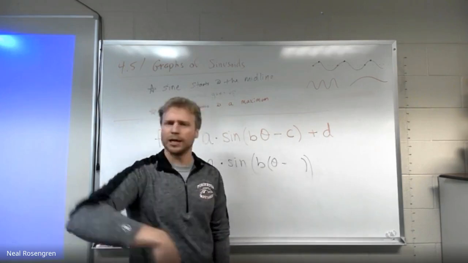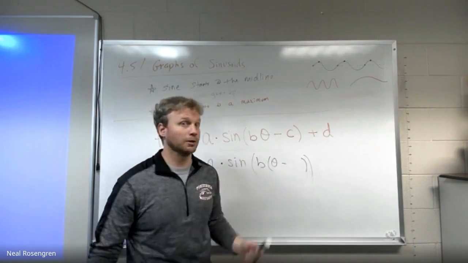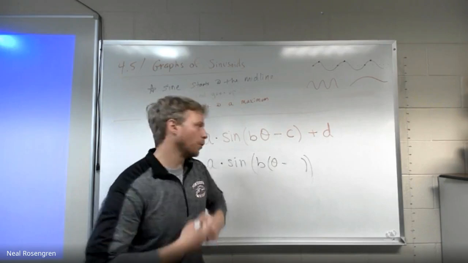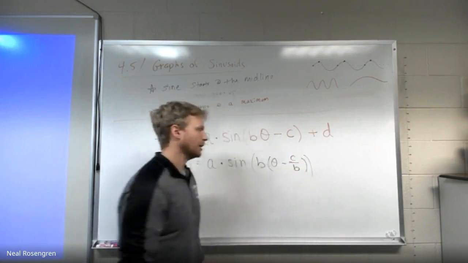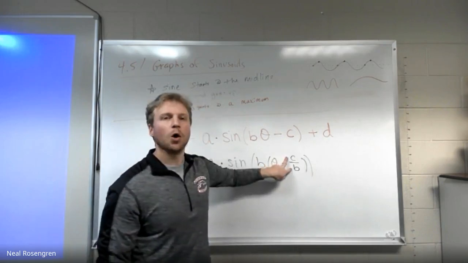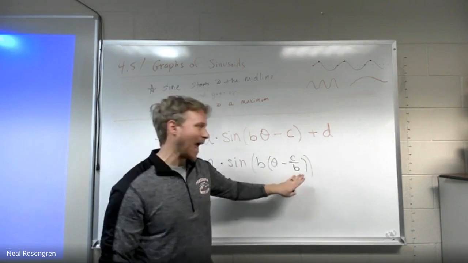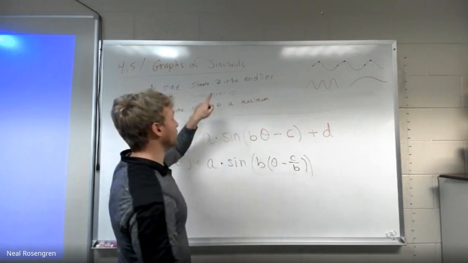Distribution is multiplication, so if I'm doing the opposite of multiplying, we're dividing. And in this black version, instead of just having C, we're going to have C over B. And that is going to be the correct horizontal shift of the starting point.